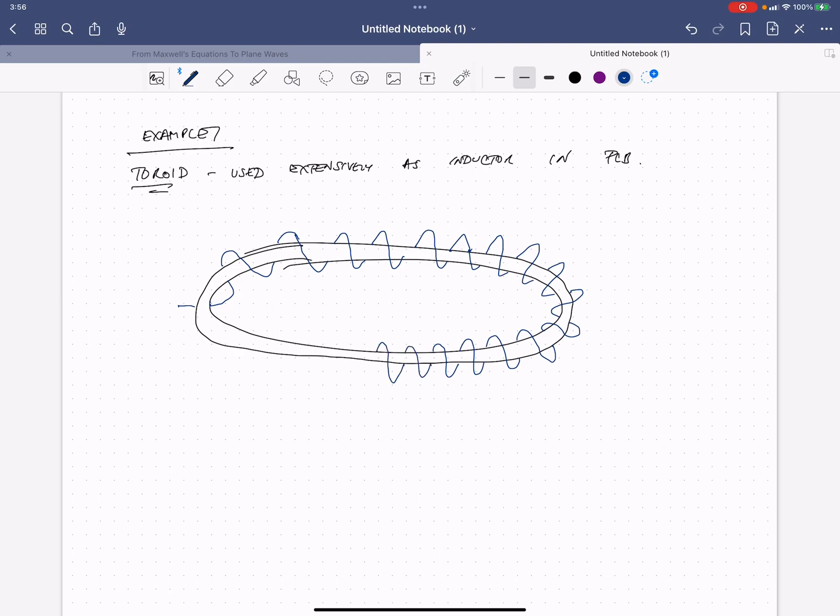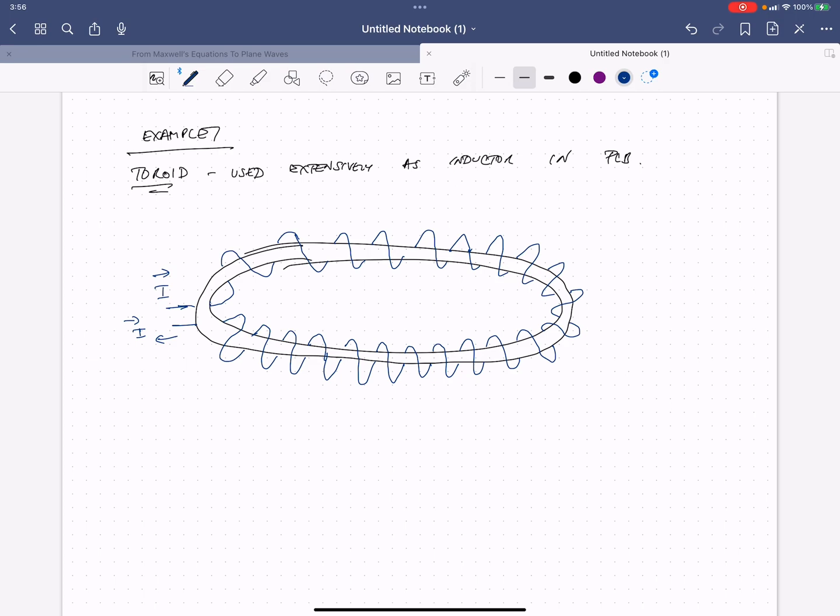By the way, they use this as an inductor, usually to filter power supply noise, etc. So basically if you have glitches in your currents, it's trying to fight that. Let's say there's a current going in through the wire and out through a wire. Coming in, going out. So this is your toroid.